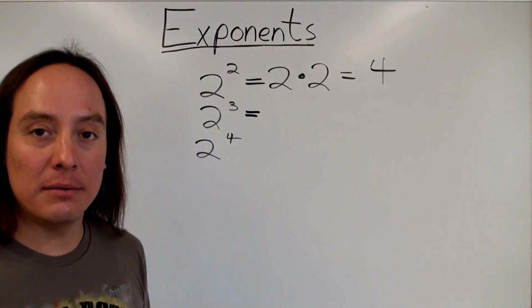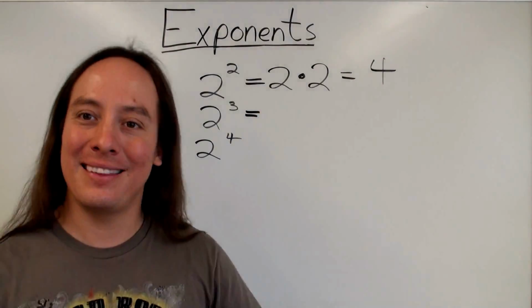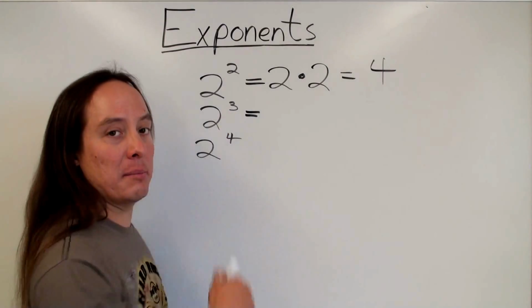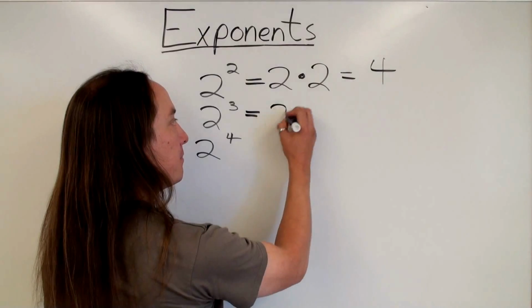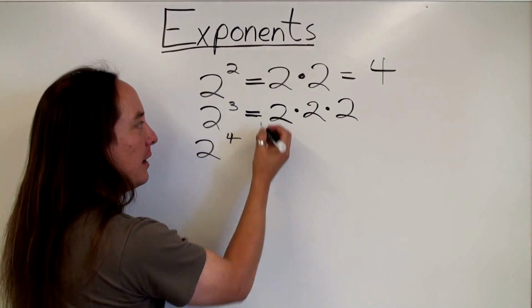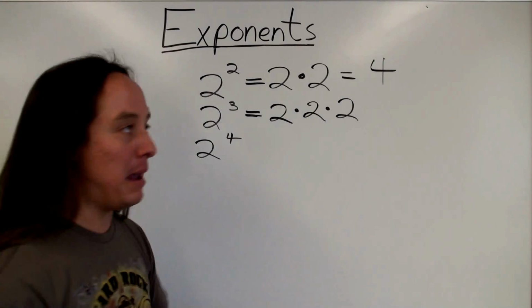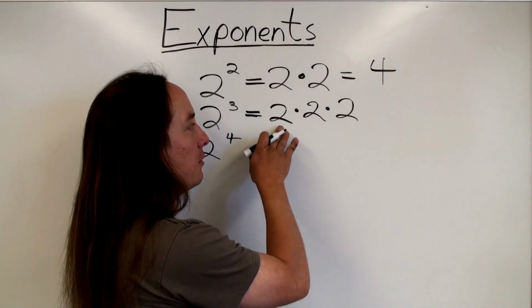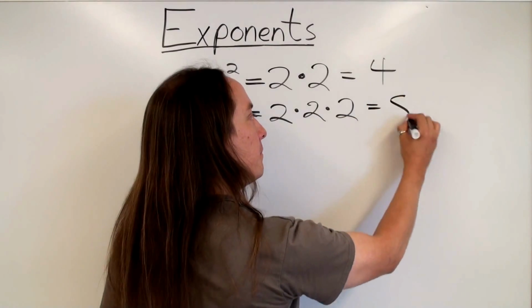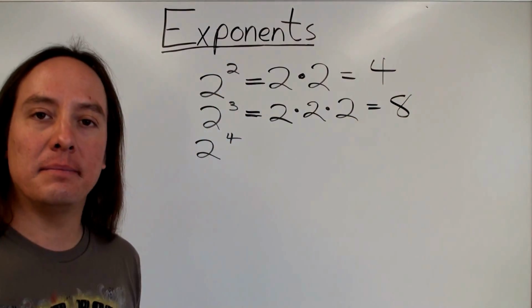2 cubed. Well, I would ask myself, what's the base? It's 2. How many times do I write down the base? It says to write down the base 3 times. So I'll do that. And after I write it down 3 times, then I just multiply those bases by themselves. So 2 times 2 is 4. 4 times 2 is 8. So 2 cubed is 8.